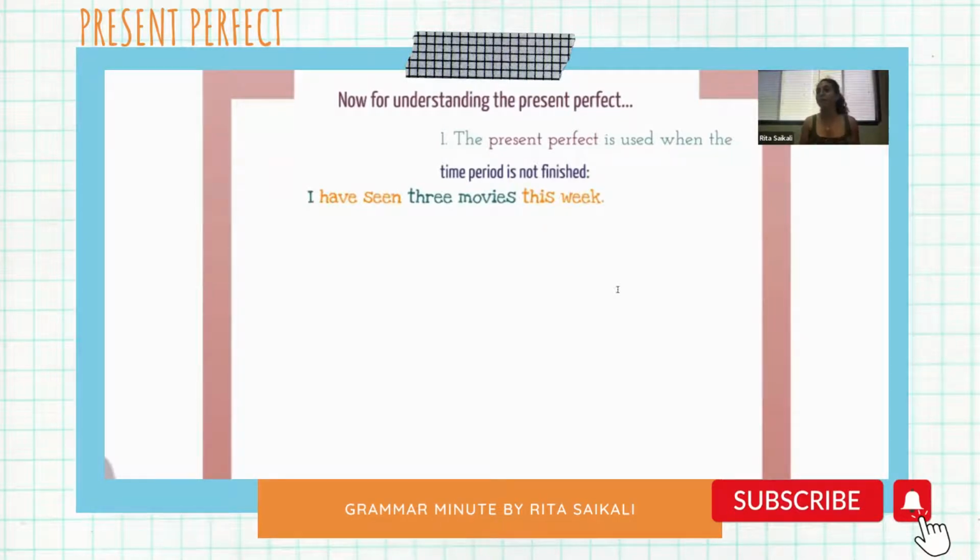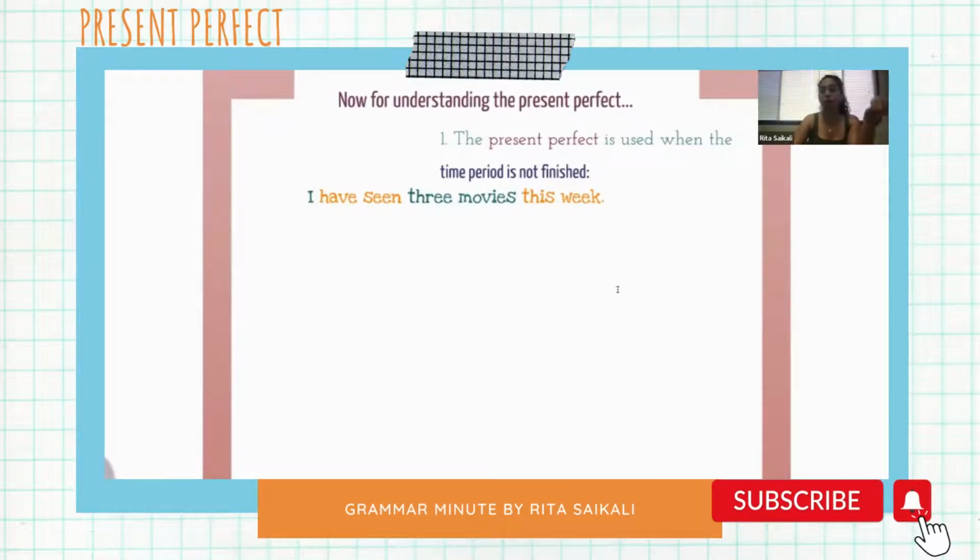If it had been finished, then I would be using past perfect. I would say I had seen. Okay, but since the time period is not finished, then this is when we use present perfect. Yeah? I have traveled to Mexico 3 times this semester. Cool?